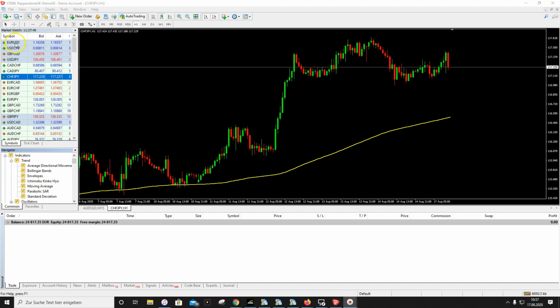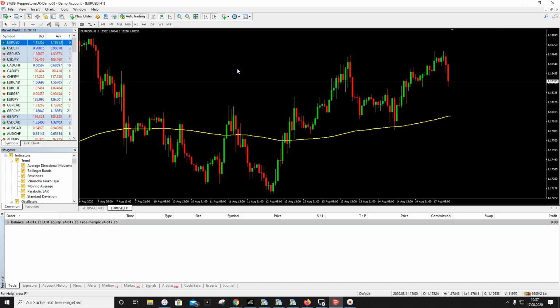Let's look at the Euro USD. The same, and then you see, oh, the MA 200 looks not so good here. Yes, it was a little bit respected, but it wiggles around here, up and down, up and down. Then it seems that price was going down and now respects this MA 200, but suddenly it goes up again.